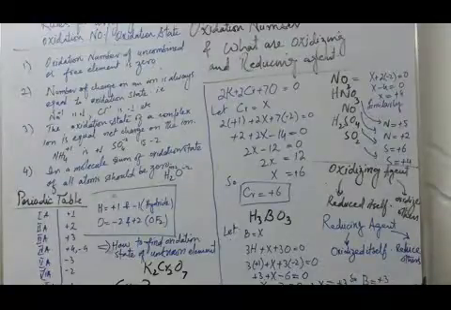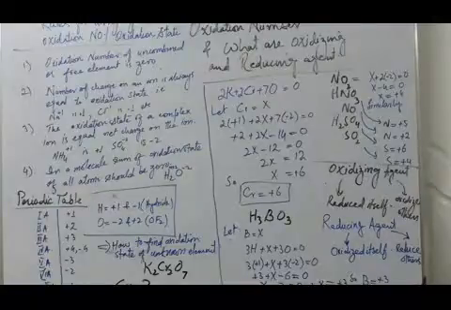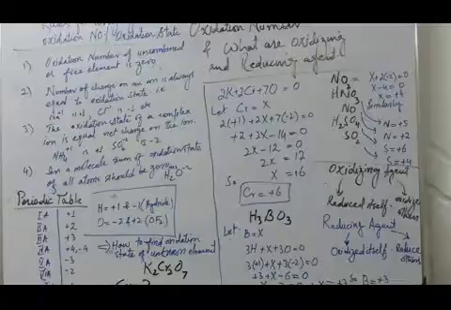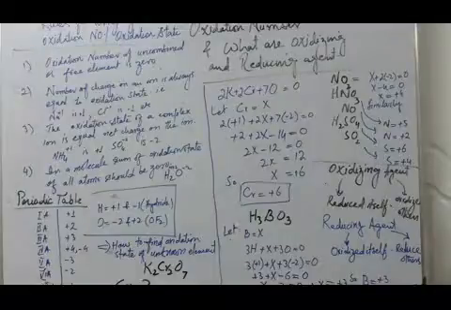There are some exceptional cases: hydrogen has +1 oxidation state as well as -1 in the case of hydrides. Similarly, oxygen has oxidation state -2, but in some compounds like oxyfluoride, the oxidation state would be +2.